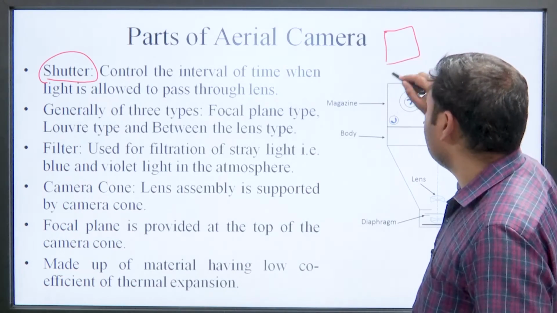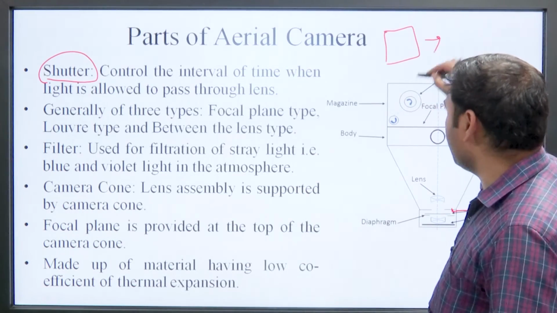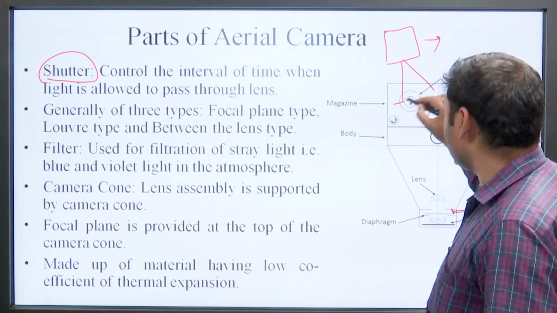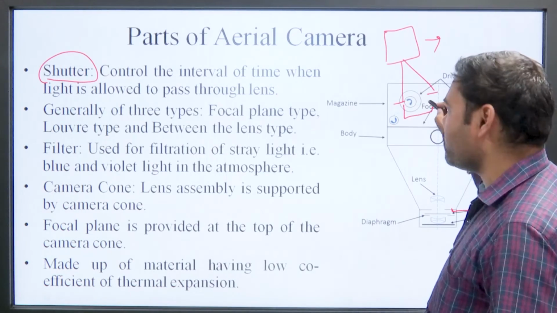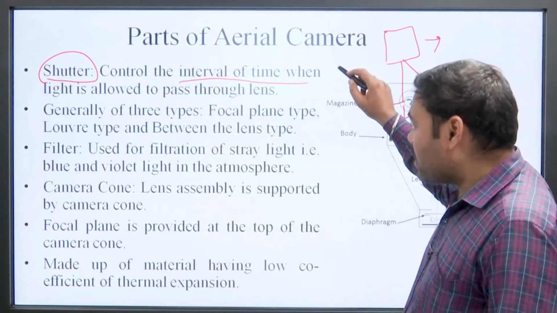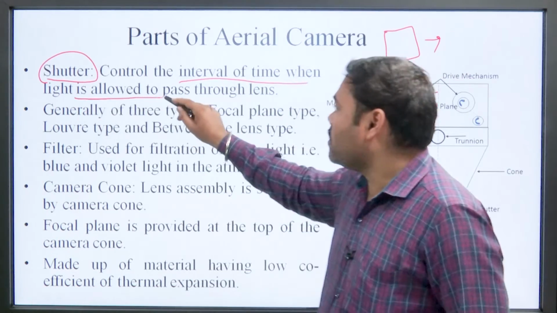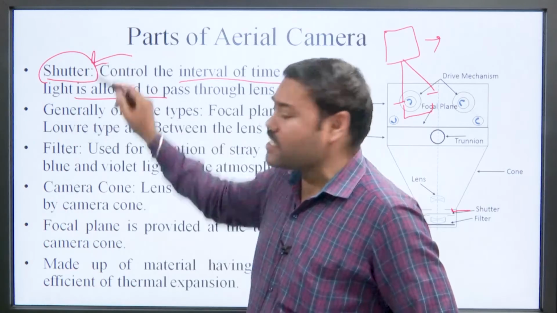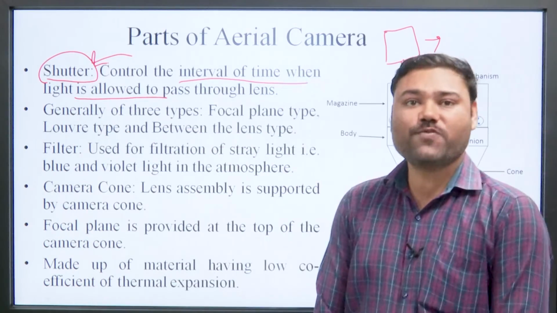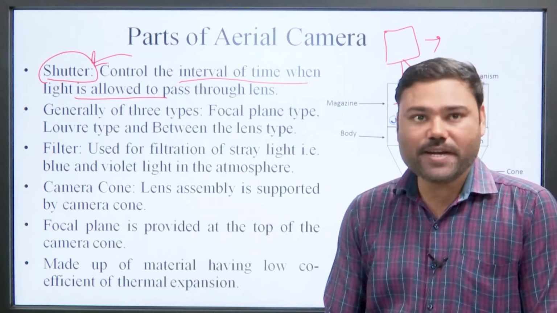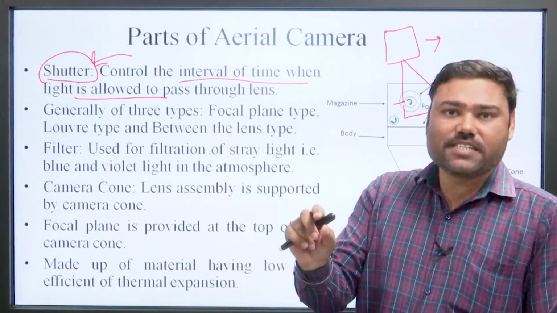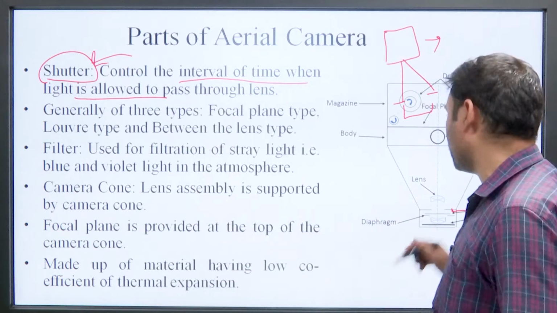In aerial photography, when two different photographs are taken at two different intervals, the interval of time when light is allowed is controlled only by this shutter. Generally, shutters are of three types: focal plane type, louver type, and between the lens type.